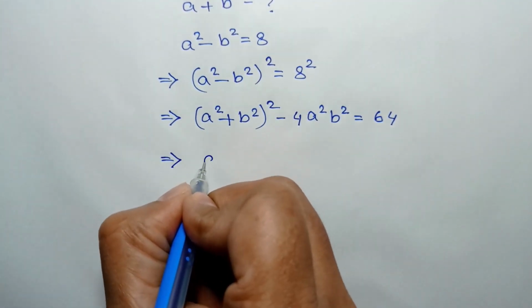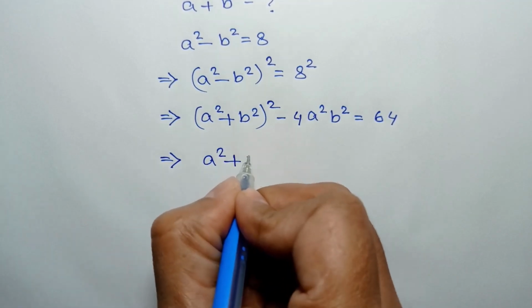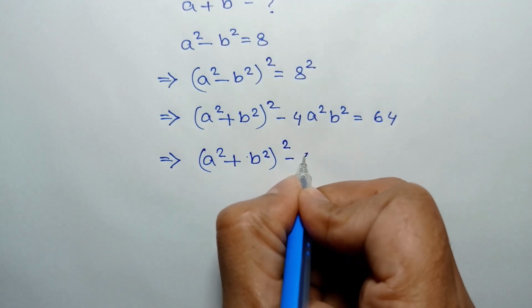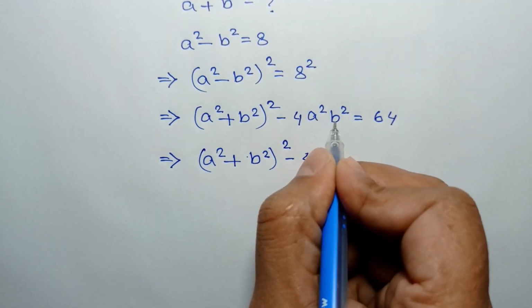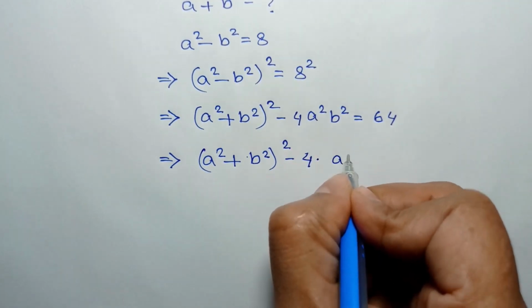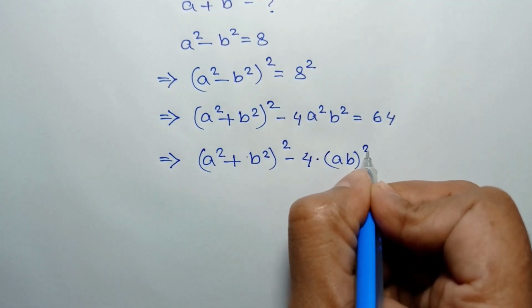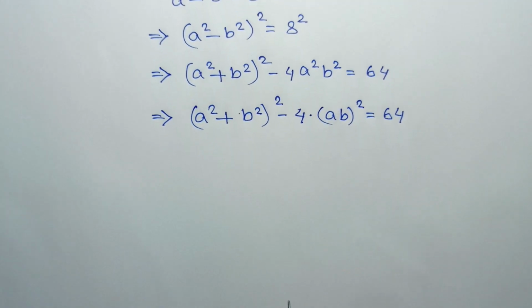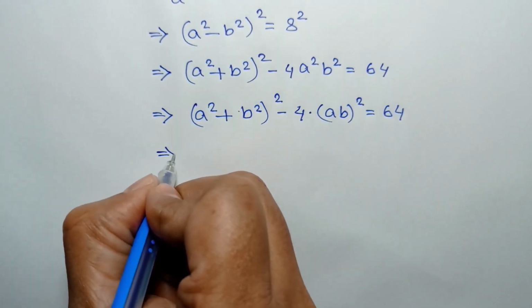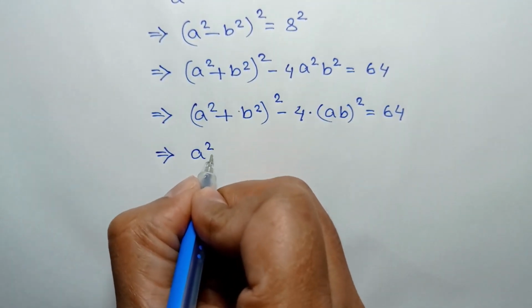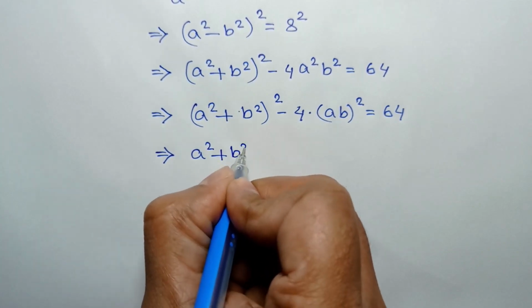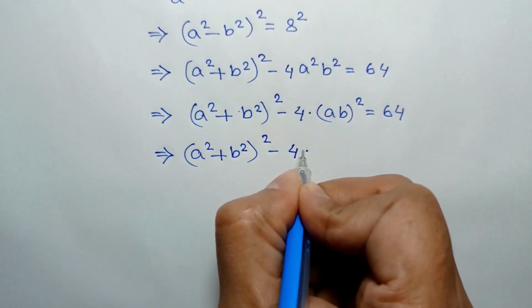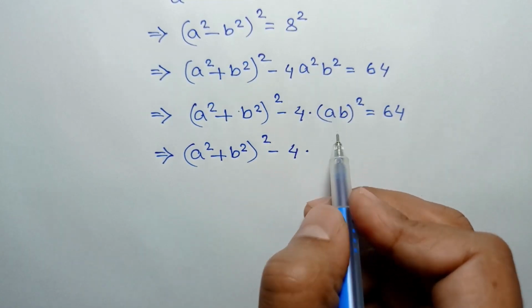or (a square plus b square) whole square minus 4 times a square b square can be written as (ab) whole square is equal to 64, or (a square plus b square) whole square minus 4 times the value of ab is equal to 3.